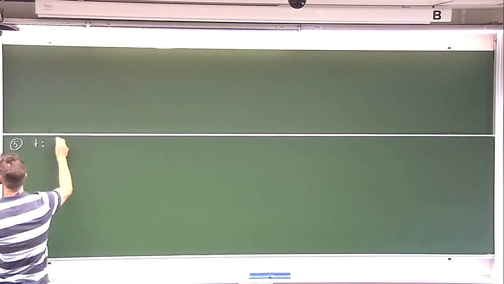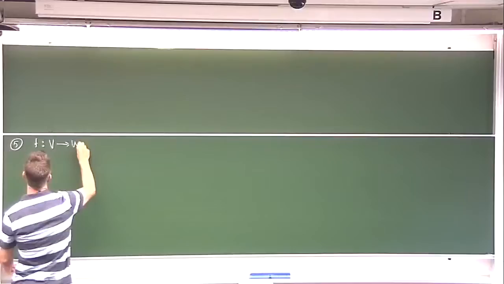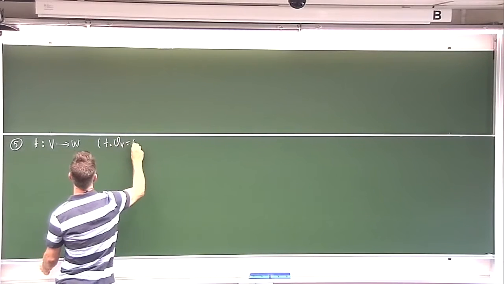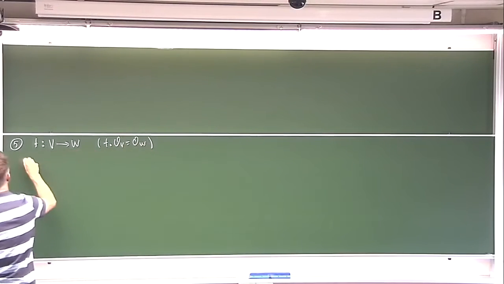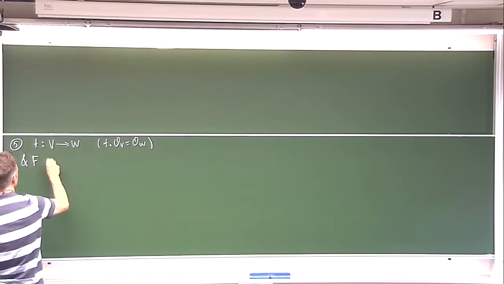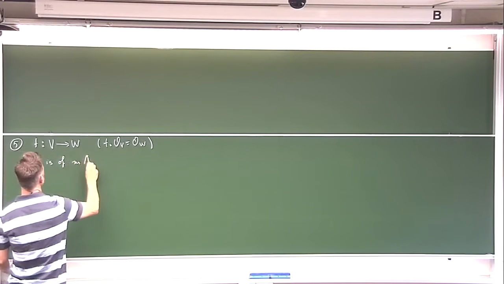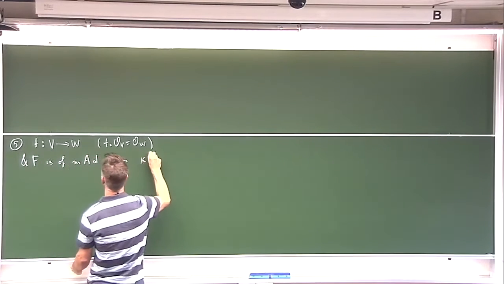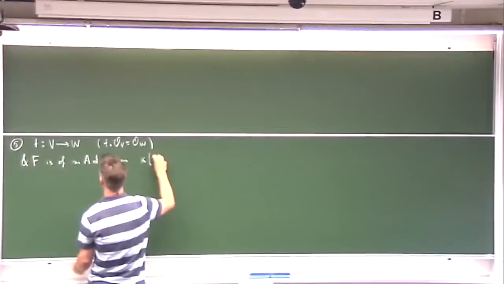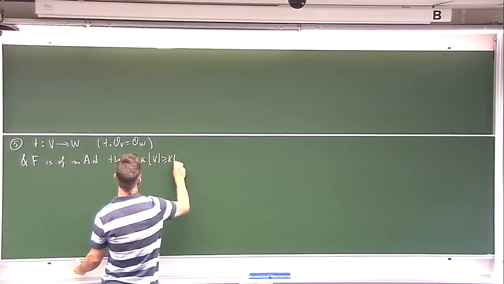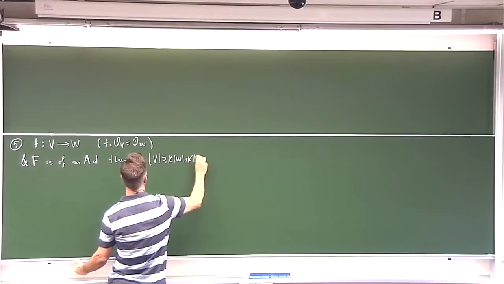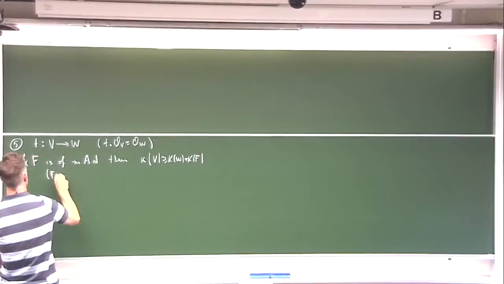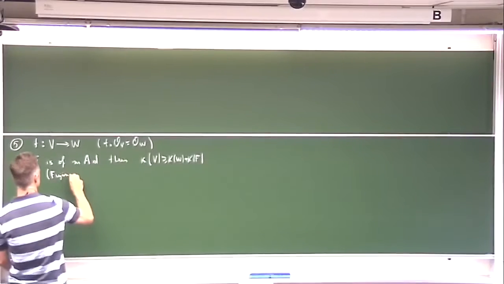If f from, let's say, V to W, again, is an algebraic fiber space, a surjective morphism, so let's just write f_* O_V is O_W, and the general fiber is of maximal Albanese dimension, then the Kodaira dimension of V is greater than or equal to the Kodaira dimension of W plus the Kodaira dimension of the fiber. And this, if I remember correctly, is due to Fujino.